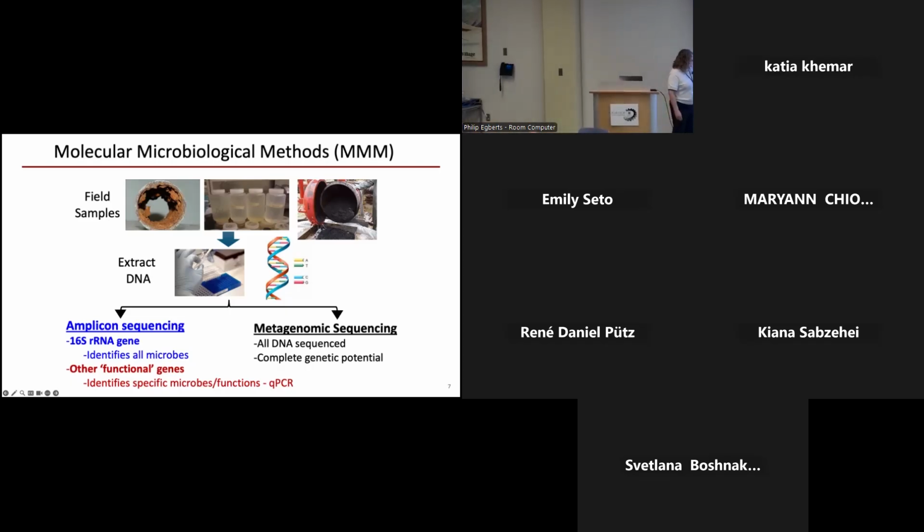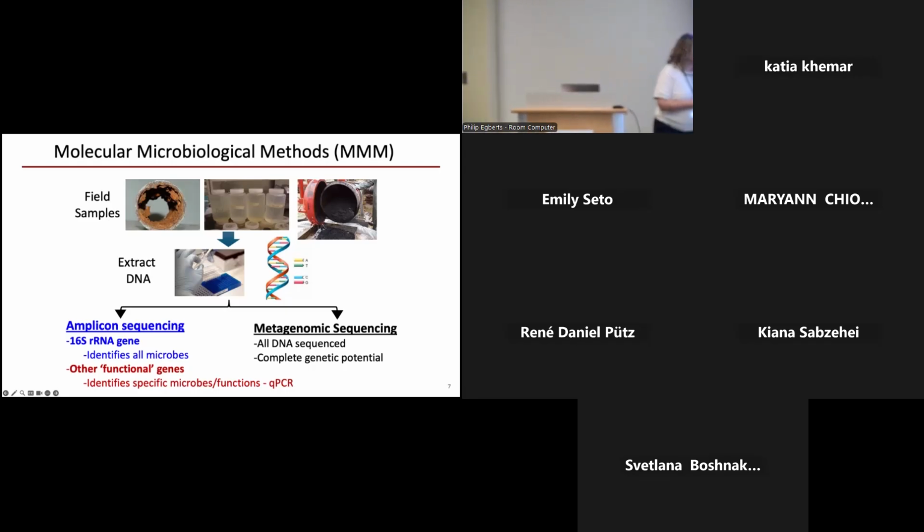We talked briefly about this earlier, the 16S ribosomal RNA gene sequencing. It identifies the types of microbes you have in your system, and you can target some other known genes that give you some sort of function, and you can do some enumerations using these molecular techniques. So that's one thing you can do with that DNA.